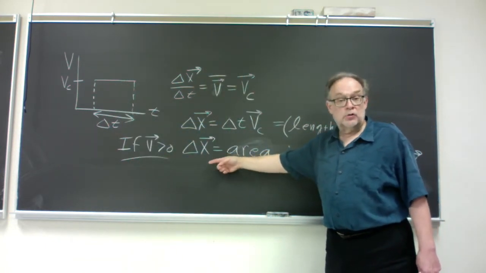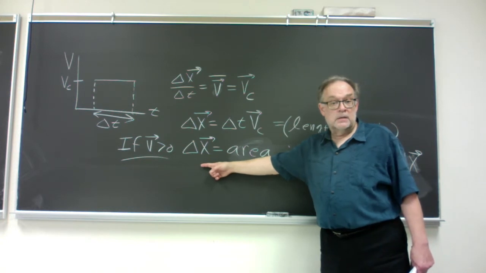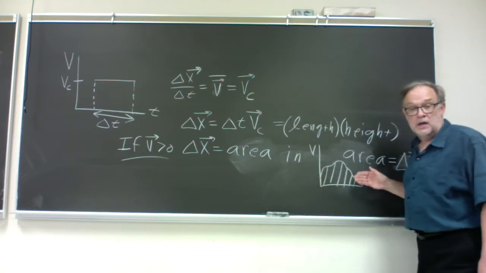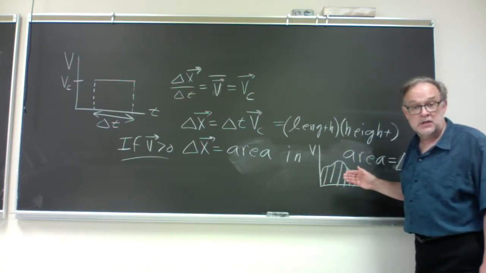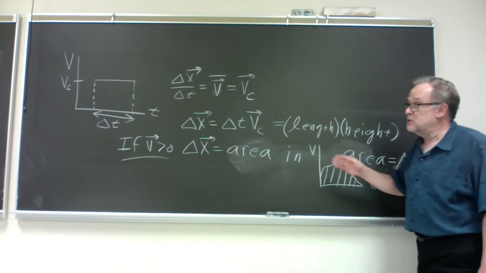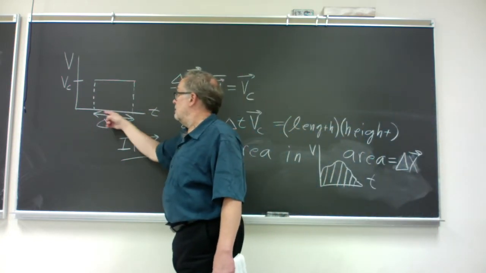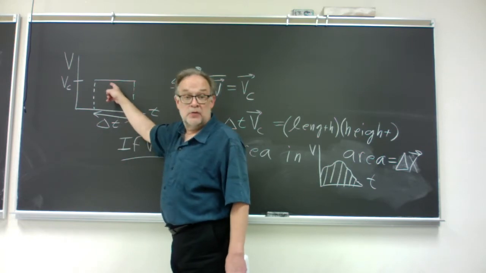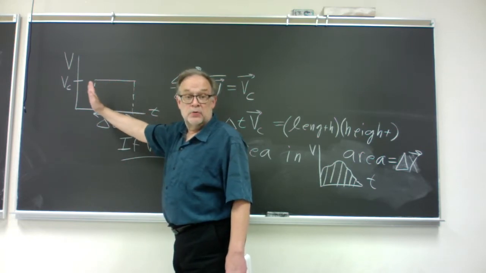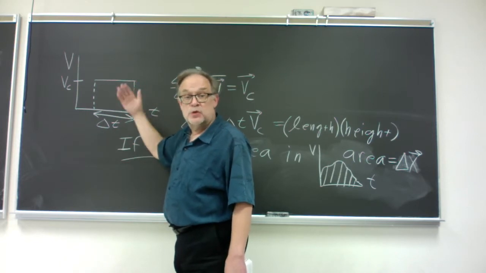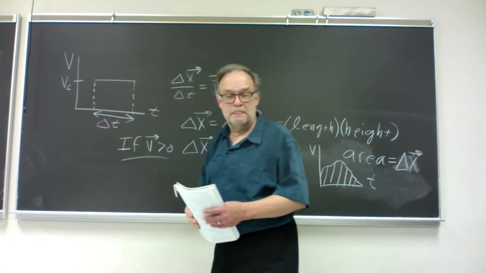So we have a conclusion. Displacement is just equal to area in a graph of velocity versus time. Area between the time axis and the velocity line, and bounded by the beginning and ending times when you were watching the motion.